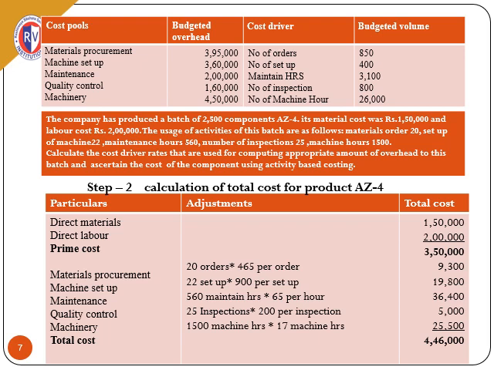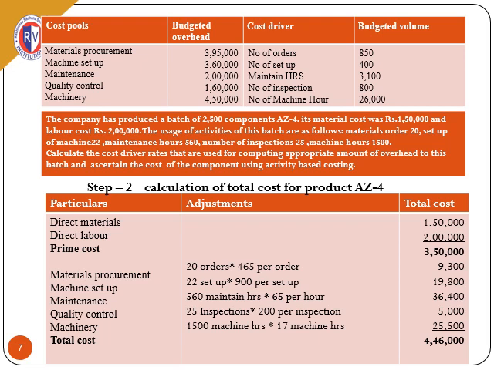So 20 into 465 is 9,300 rupees, the material procurement cost. Next one is 22 setups required and the rate is 900 per setup. So 22 setups into rupees 900 is 19,800, the cost of machine setup.